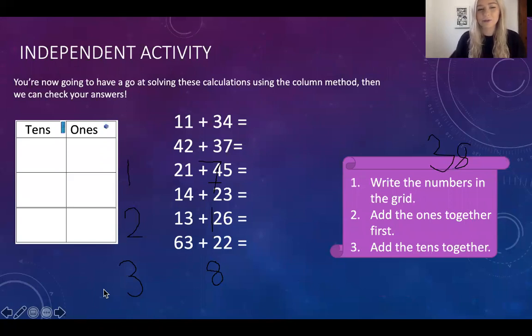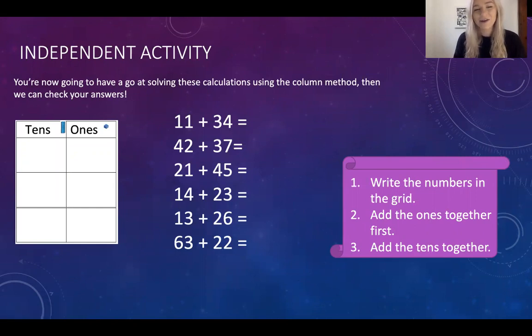Now, I've got some more examples of some calculations that you might be asked on the screen. So you're going to have a go at solving these using the column method. And then once you've done that, we can go through and check the answers together. So I've got the grid on my screen again this time, in case you want to draw it out.